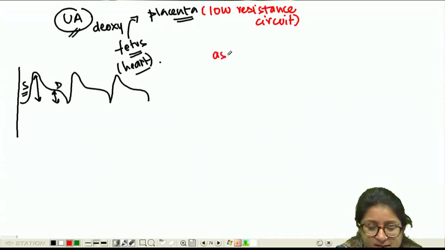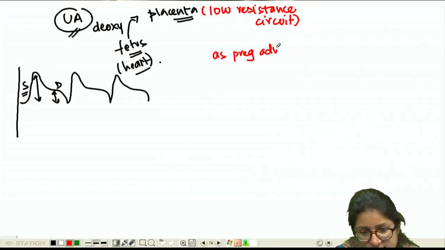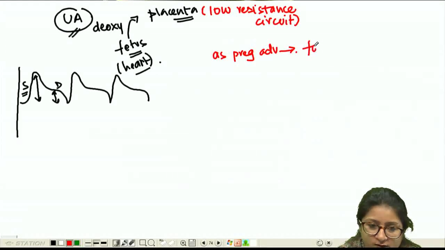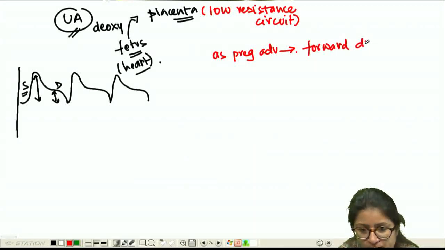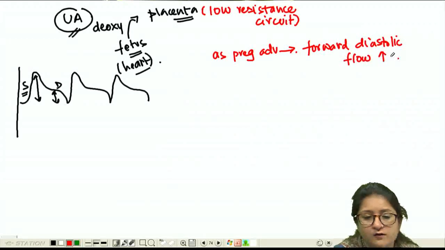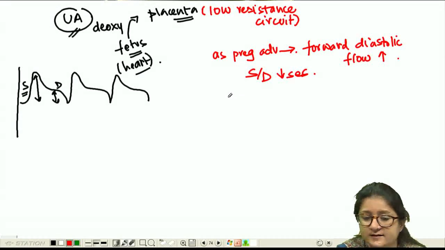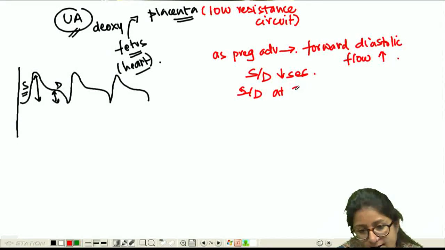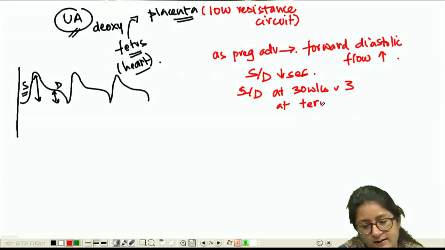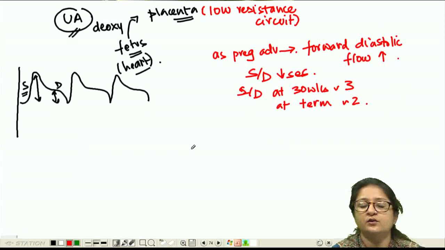So as pregnancy advances, the forward diastolic flow increases. When the forward diastolic flow increases, the SD ratio decreases. The systolic to diastolic ratio at 30 weeks is around 3, and at term it is around 2.